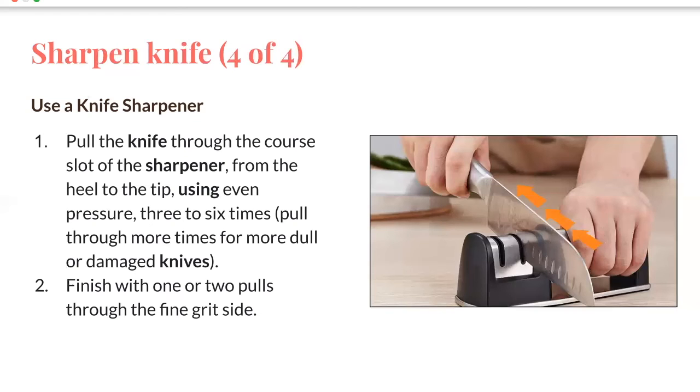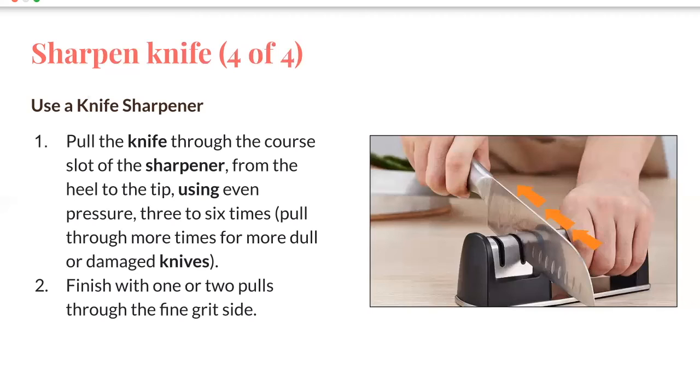The second way is to use a knife sharpener. Holding the handle of the knife sharpener as shown in the picture, pull the knife through the slot of the sharpener from the heel to the tip. Using even pressure, do this 3 to 6 times.